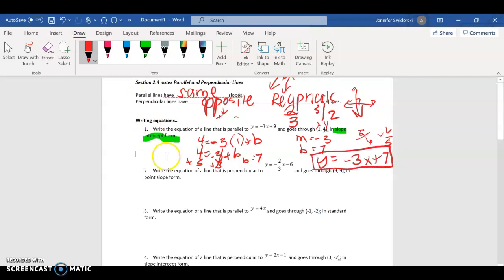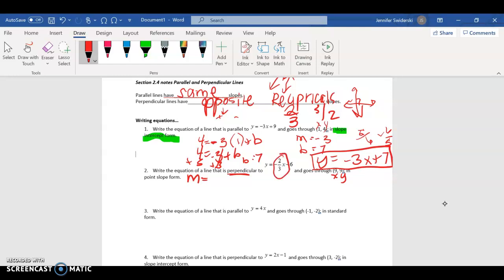All right, number 2, it says write the equation of a line that is perpendicular to y equals -2/3 x minus 6 and goes through the point 9, 9. Well, I always write x and y in just to help myself out. All right, well, perpendicular means opposite reciprocal slope. So my slope has to be the opposite reciprocal.